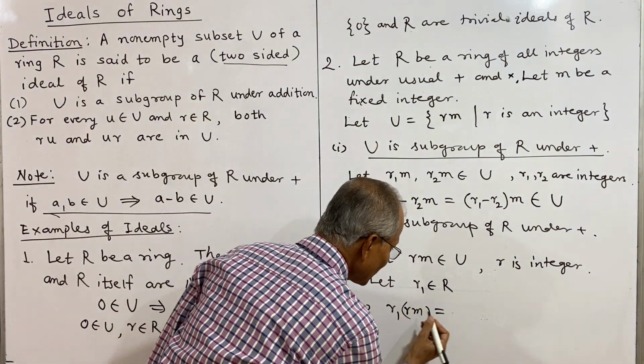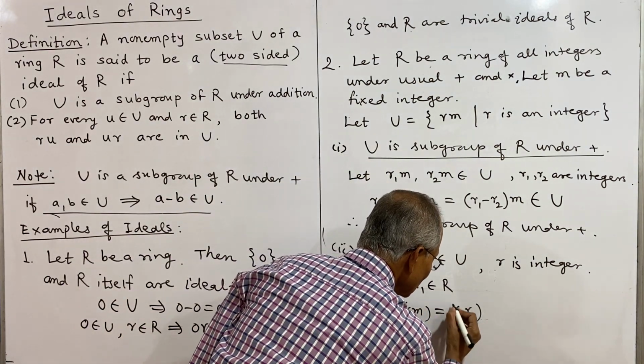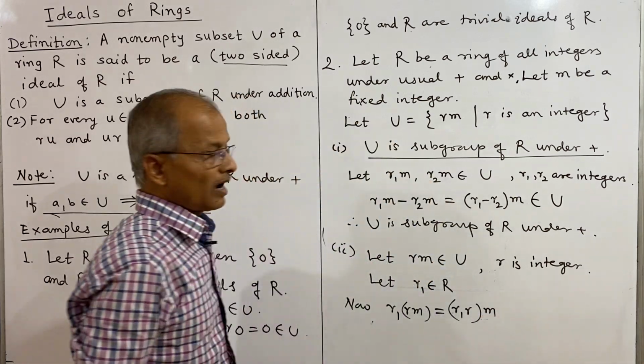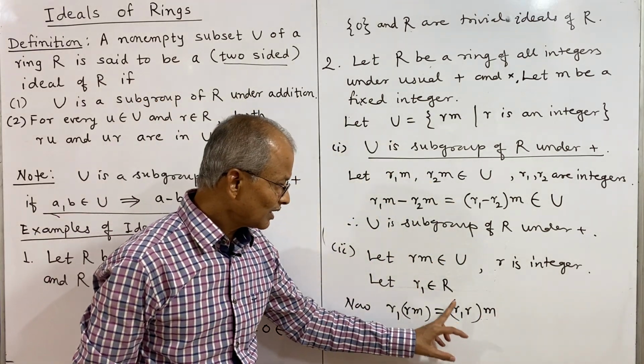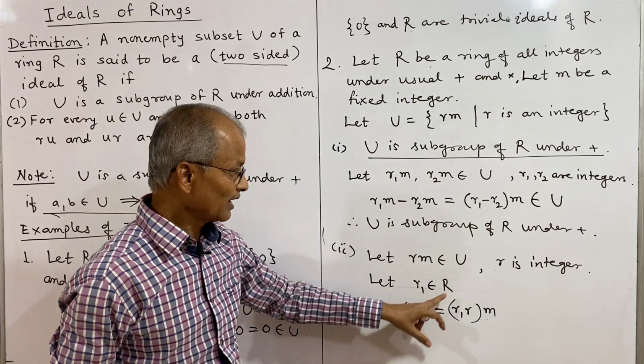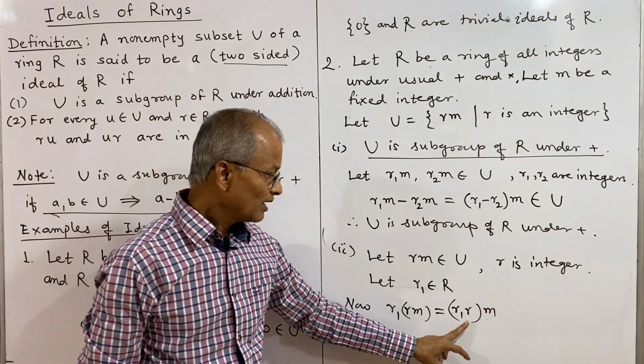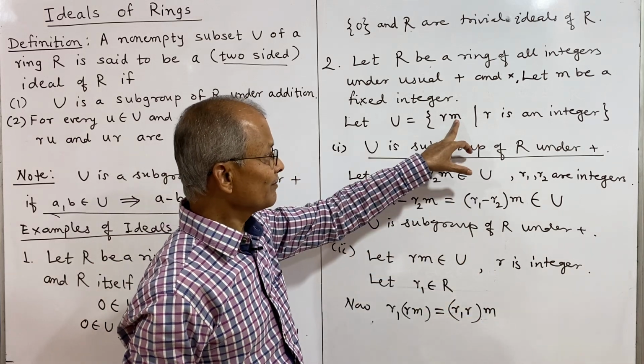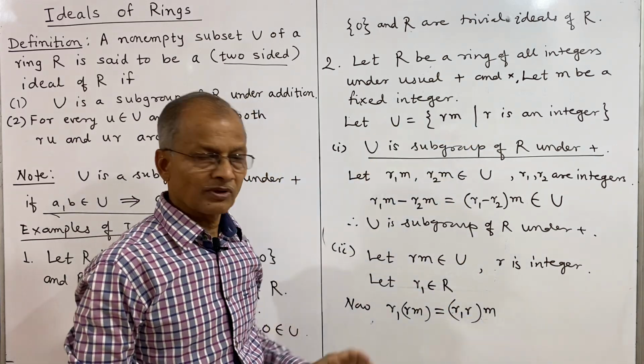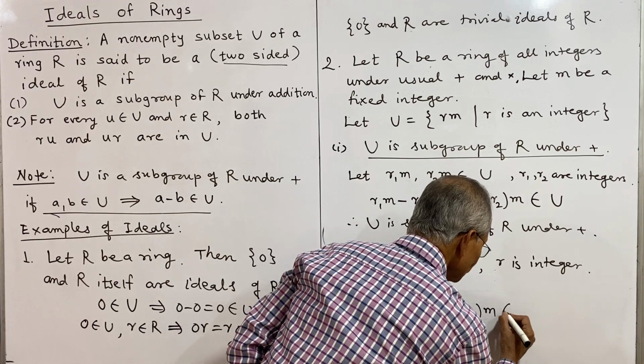So therefore this can be written as r1r into m. And you see, r1 is an integer, it is a ring of integers, and r is also an integer, their product is an integer, and therefore this is an integer multiplied by m, and therefore is an element of U. So this belongs to U.